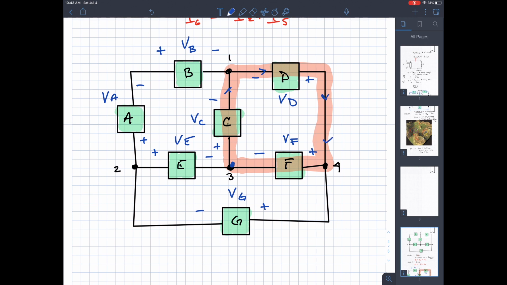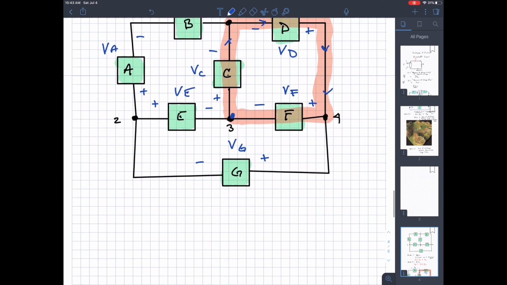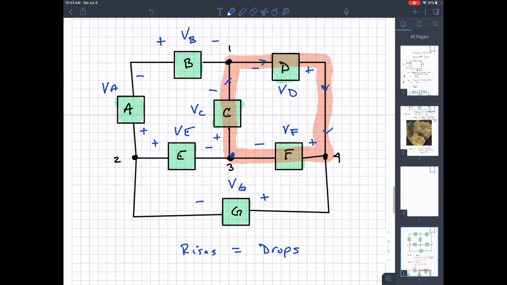As we do a sum of potentials around the loop, what we know from KVL is that the voltage rises are equal to the drops. So let's write the KVL equation for this loop that I just showed.